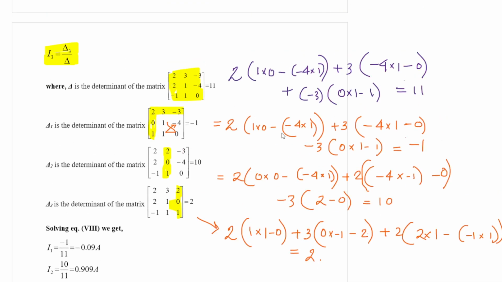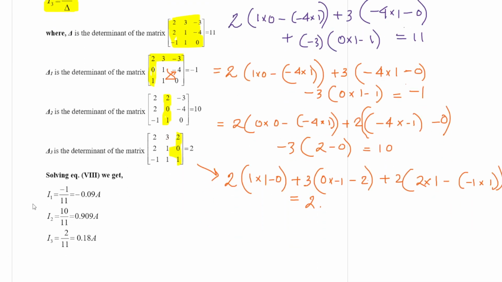So delta 1 will be coming out to be minus 1, delta 2 will be coming out to be 10 and delta 3 will be coming out to be 2.